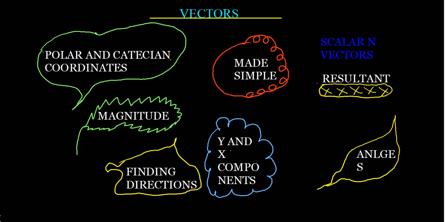All right. We want to do vectors. So we'll look at different things in this topic. We'll talk about polar and Cartesian coordinates, vectors themselves, scalars, resultant, angles, how to find angles, and also directions, and also just resolving something into two components.